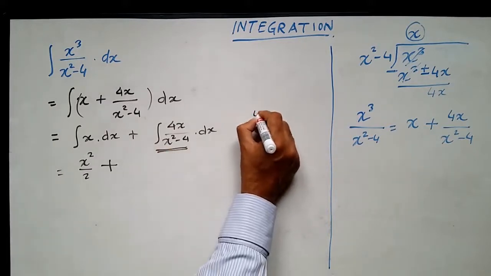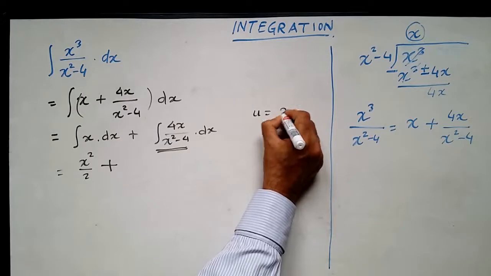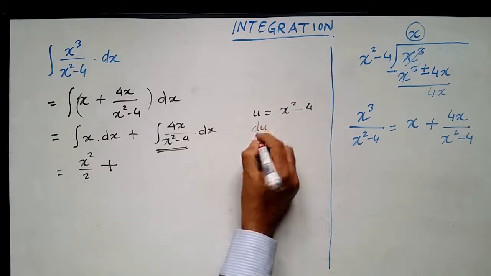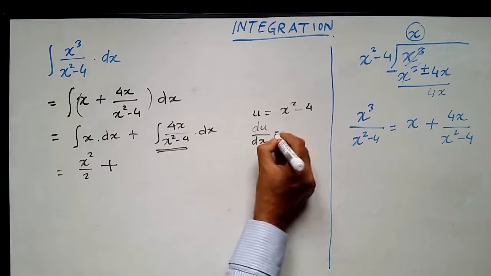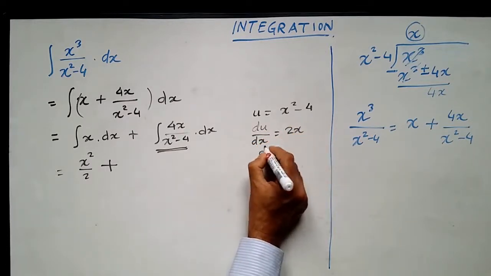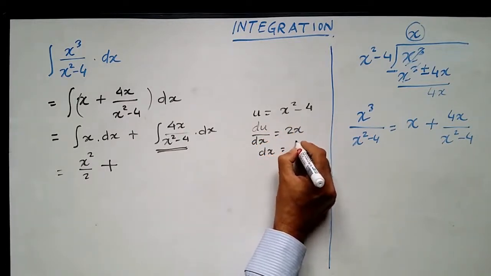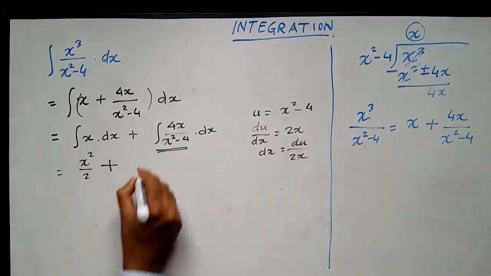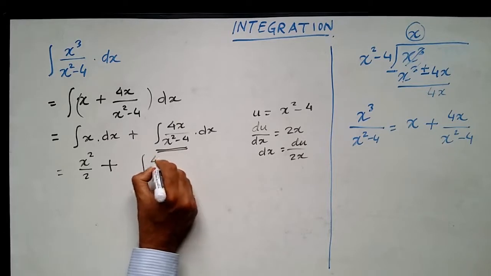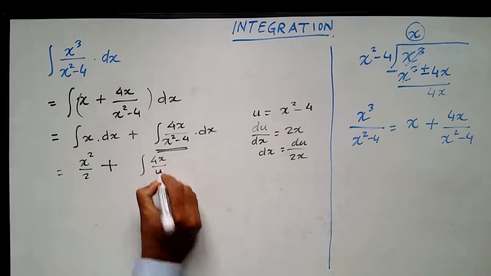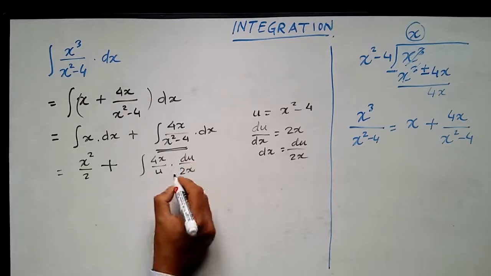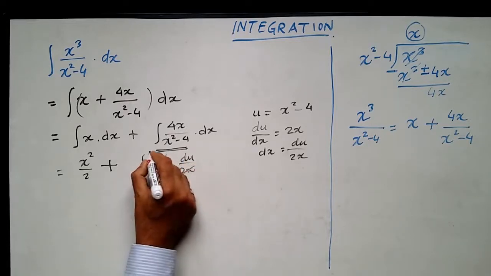So let's say that u is equal to x squared minus 4. So du by dx is equal to 2x. Therefore dx is equal to du by 2x. So this can be written as 4 of x upon u and the dx is du by 2x. So this and this will cancel, we'll get 2.